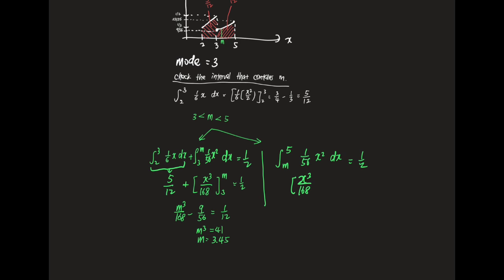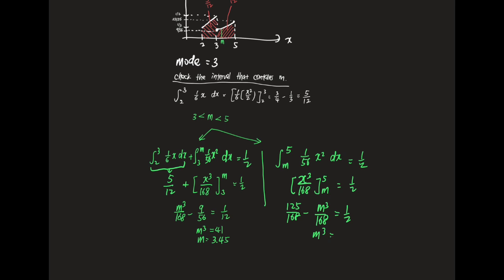Substitute 5. 125 over 168. m cubed over 168 equal to 1 over 2. And then minus 1 over 2 times 168. m cubed equal to 41. So m equal to 3.45.